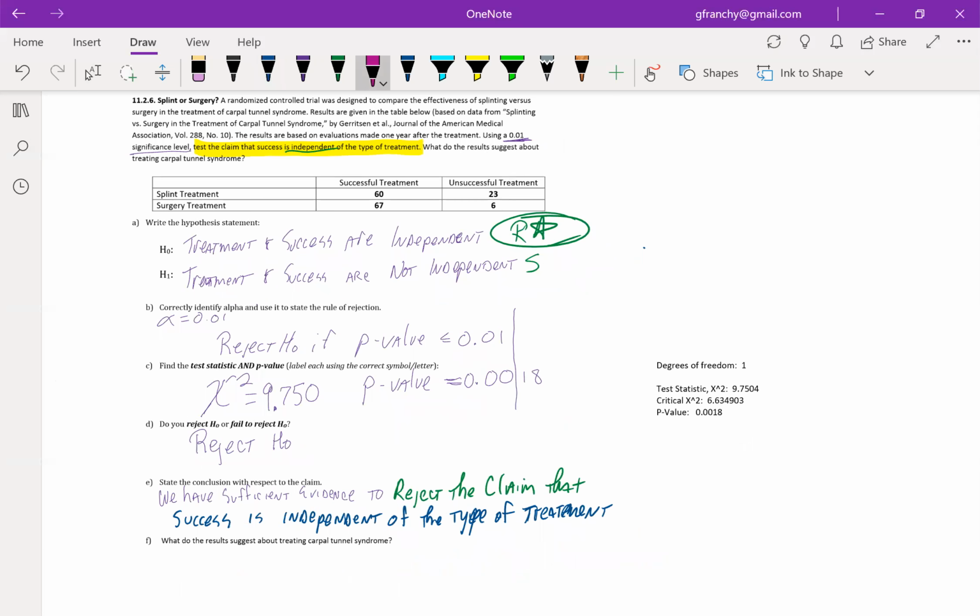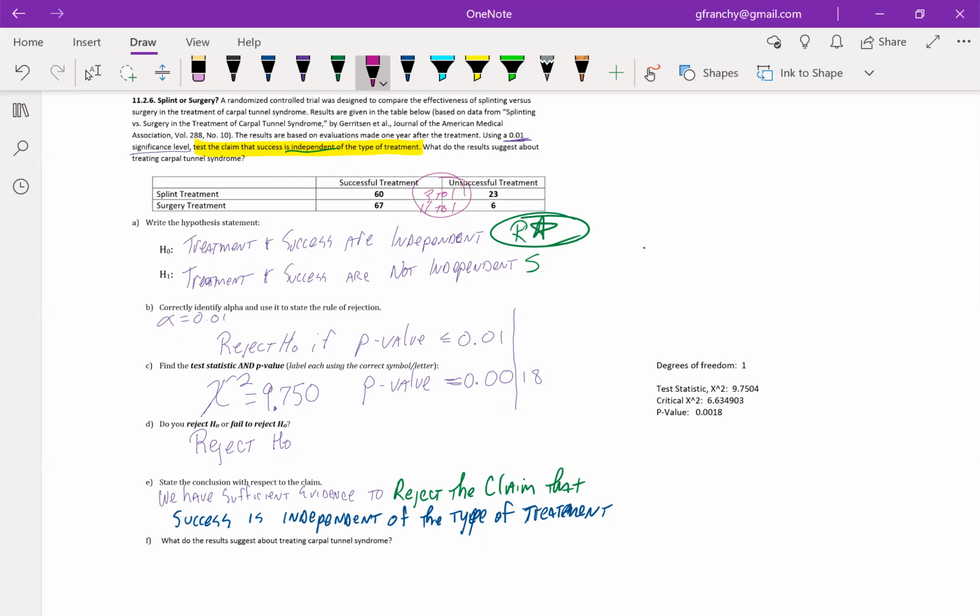So what we saw is about a 3-to-1 success rate for the splint, and about an 11-to-1 success rate for surgery. And because we rejected the null hypothesis, that means that the difference that we're seeing here is significant. So what is this telling us here? Well, since there was only two options, whichever one was more successful in our sample, we can say is going to be more successful in the population.